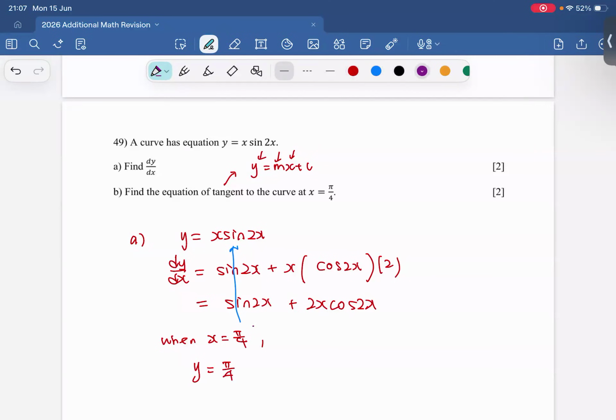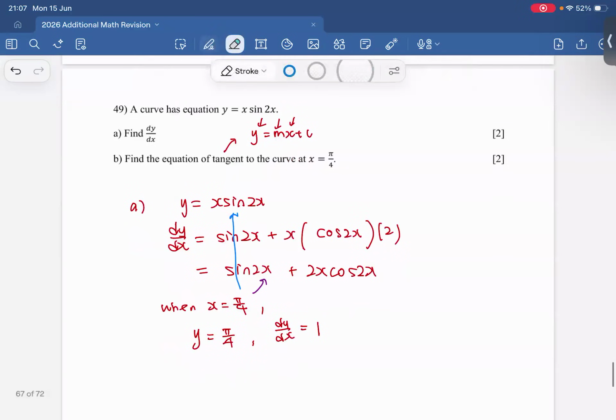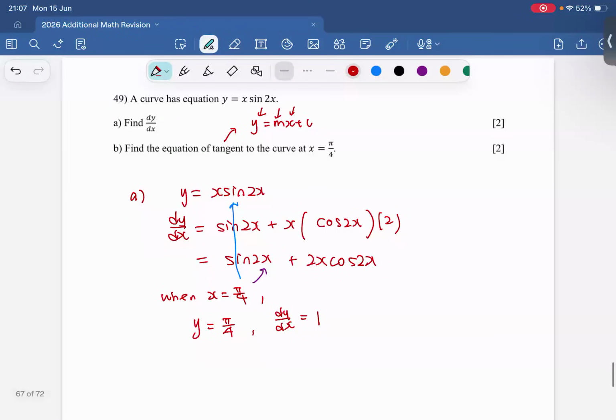Now you put this inside your dy dx, then dy dx equals 1. You put inside cosine 2x, you get 0. So now I have my gradient, I have my y, I have my x, I can form my equation.